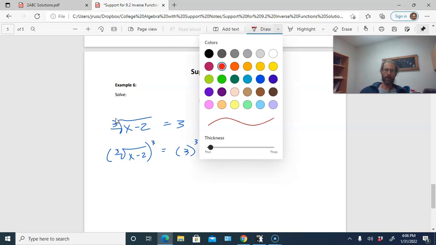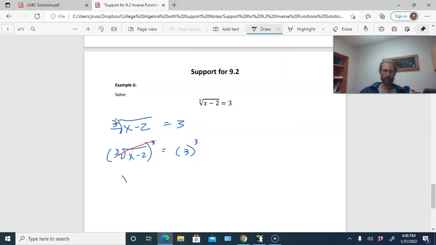So again, when we cube a cube root, we are left with just the radicand, which is x minus 2 in this case. And then on the right-hand side, 3 cubed, that would be 3 times 3 times 3, which is 27. Okay.